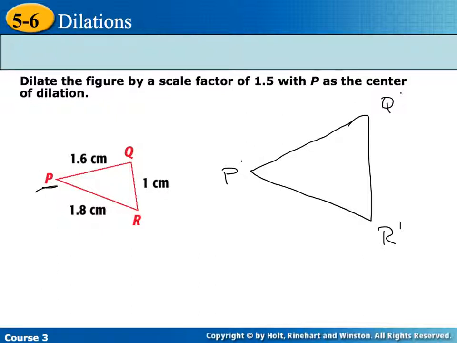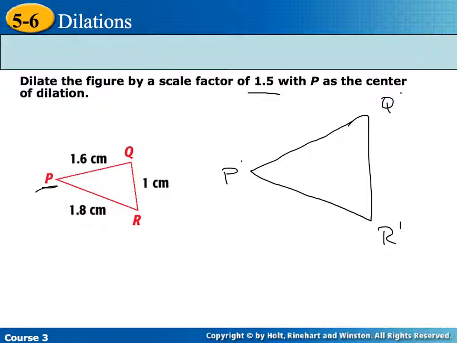All right, and how I figure out my dilation in my new figure is I take each of those sides and they are going to get 1.5 times bigger. All right, the scale factor is going to change that problem. The scale factor of 1.5, whatever that scale factor is, it becomes that many times bigger.